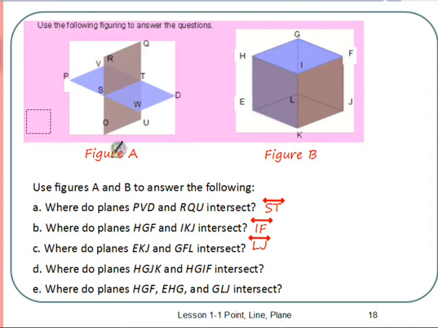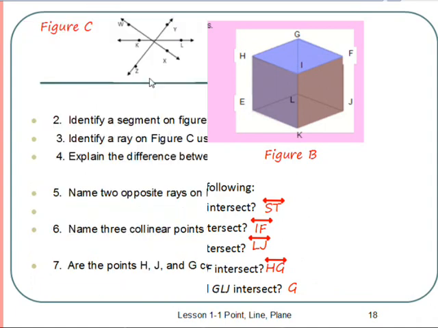So hopefully you noticed that there are 2 letters that repeat, and the 2 letters are HG. So HGIF is the top, HGJK is this diagonal one we can't see. They intersect at HG, they intersect at the points they share. Where do planes HGF, EHG, and GLJ intersect? Well, 3 planes intersect in a point, and the common point here in all of those is G. All right, let's take a look at the next page.